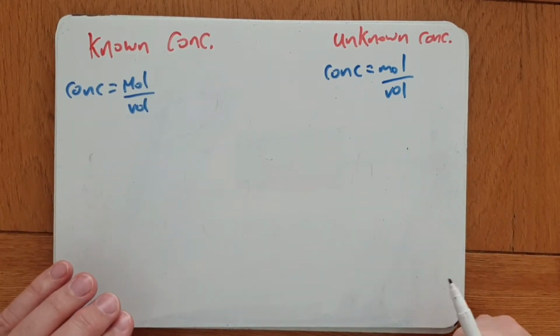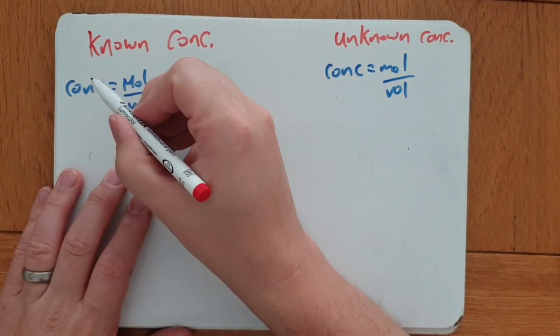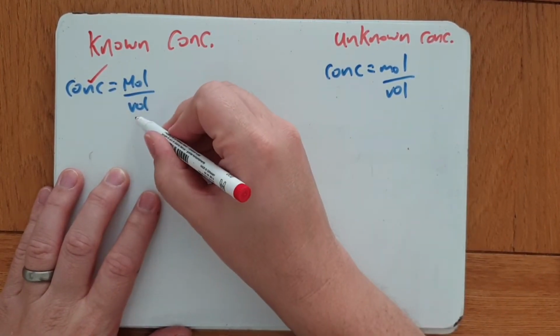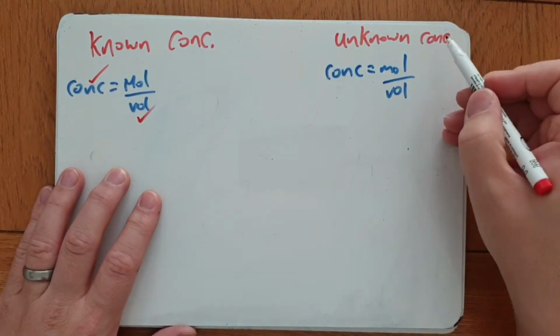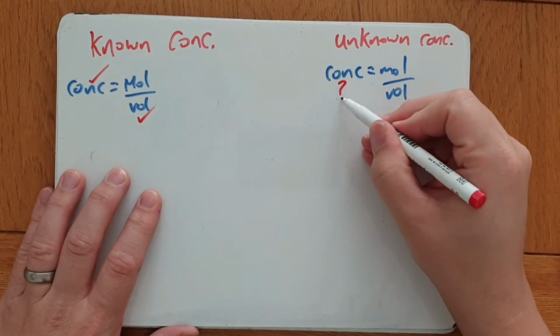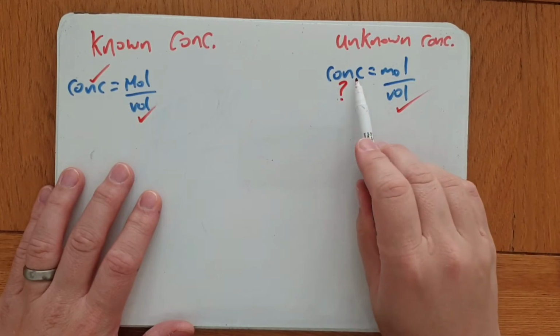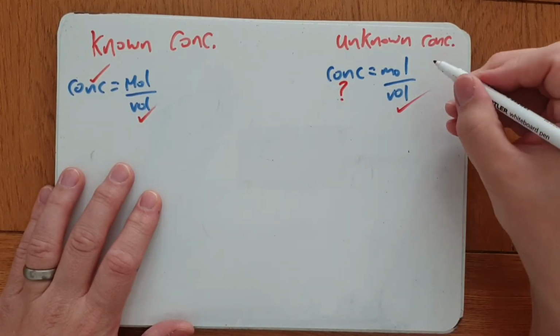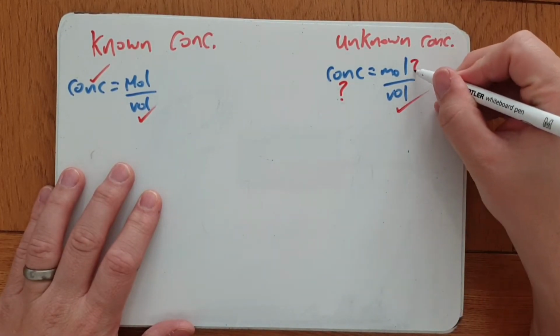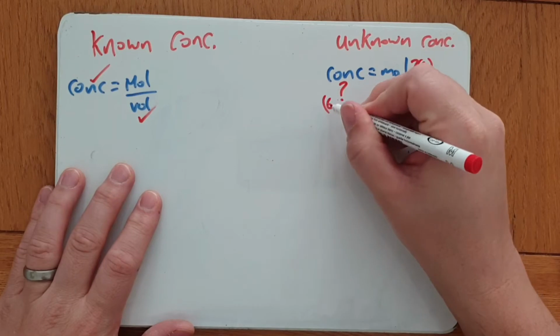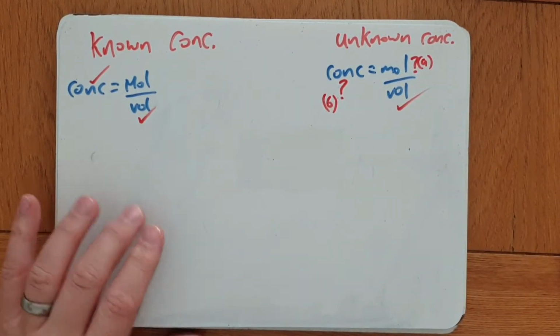They will definitely tell you the concentration of one solution and you'll know the volume of it. And for the unknown one, you need to calculate the concentration, you know the volume, but you can't work out the concentration until you know the moles. So that's like part A of the question, if you like, and that's part B.